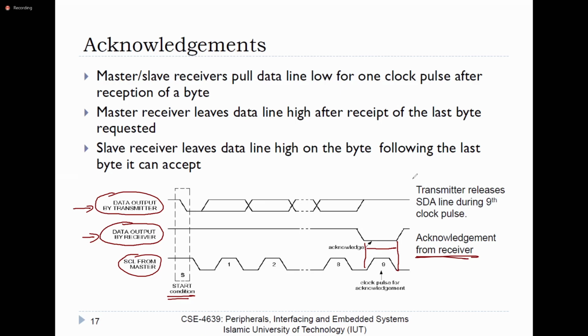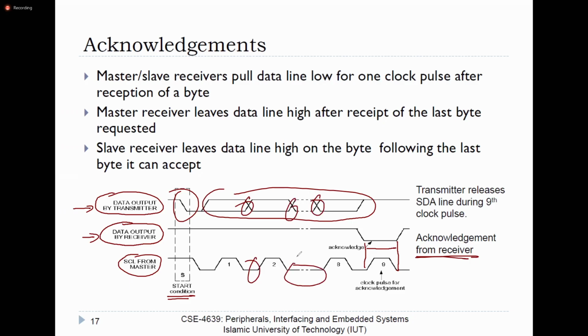Because the sender makes the transitions for a start, and for data from 0 to 1 or 1 to 0, during the logic low signals of the clock pulse. But the sender will receive one acknowledgement signal, just a logic low signal from the receiver end for a single clock pulse.